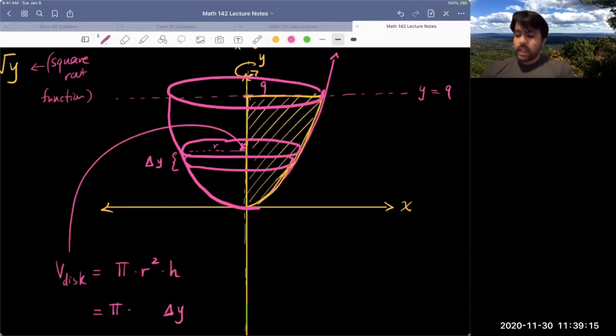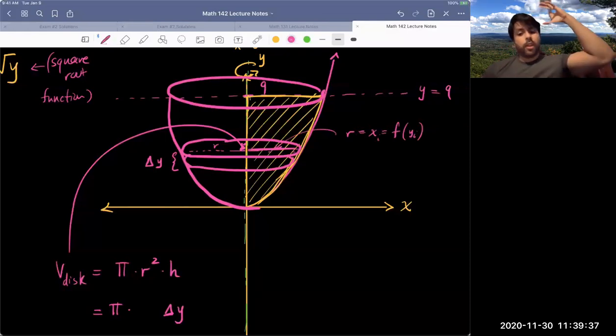So what we care about is the radius here. This is going to be the x values as a function of y, so I'm going to call this x sub i, with respect to the y coordinates. In the other example, it was the y value associated with the x coordinate.